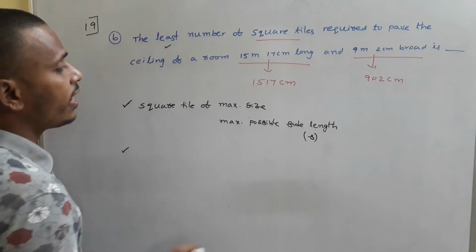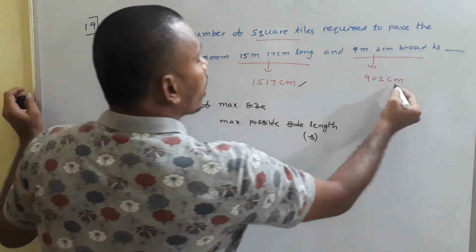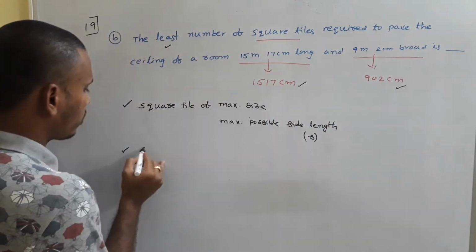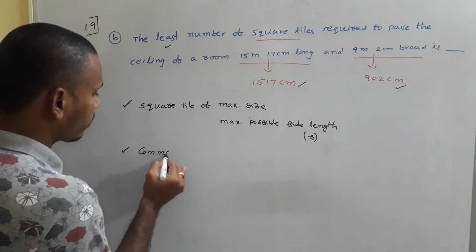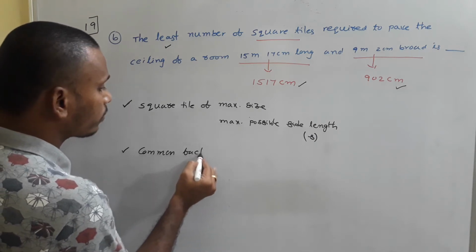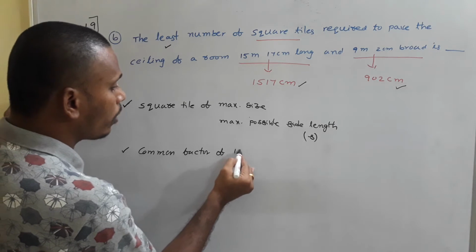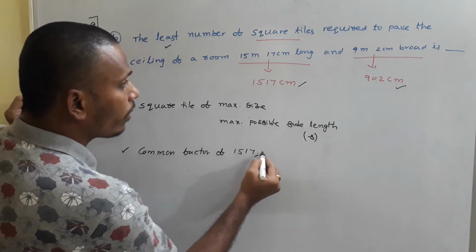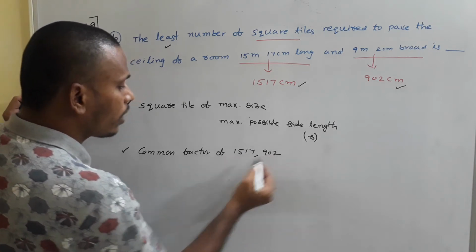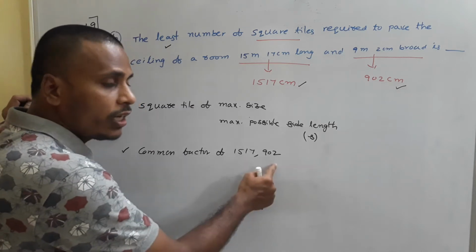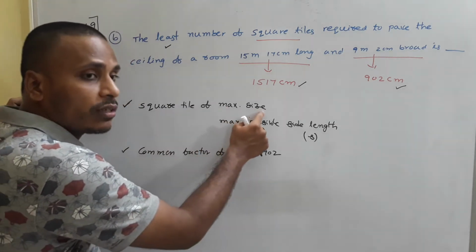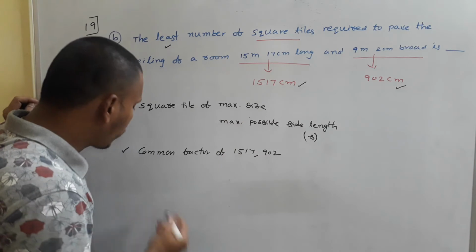So you need to think about the common factor of these two numbers, 1517 and 902, and at the same time we need the maximum size.